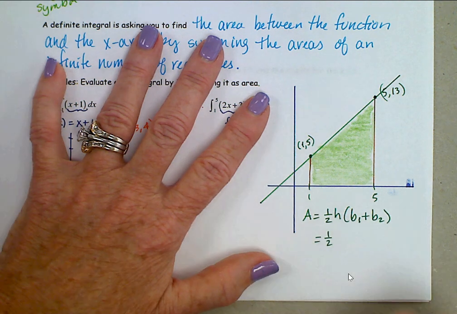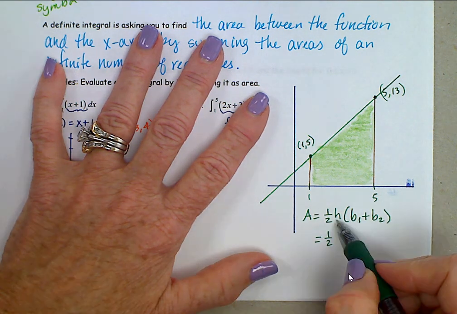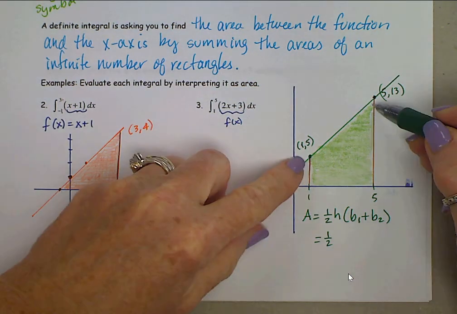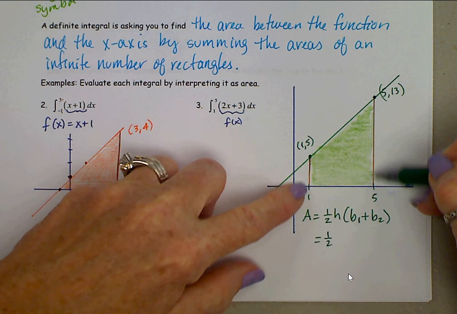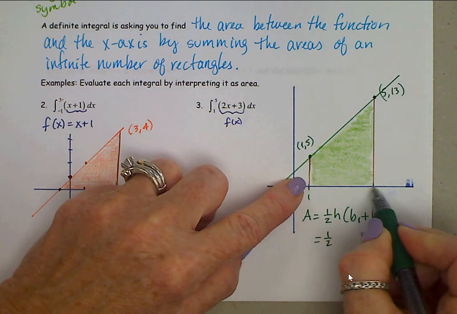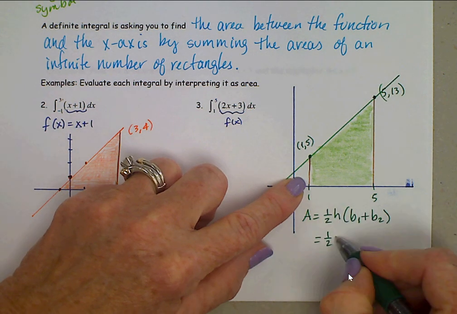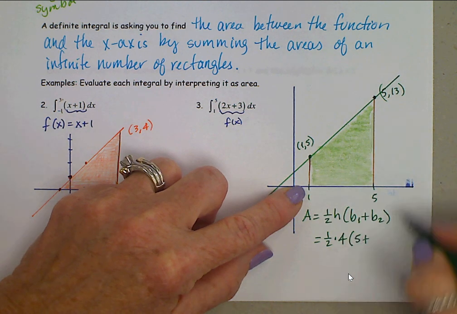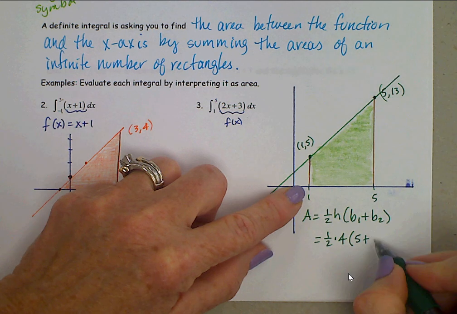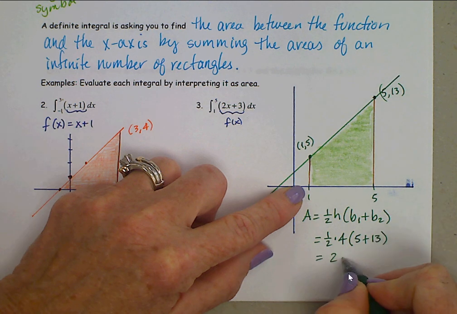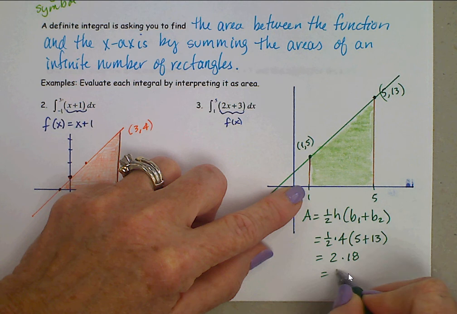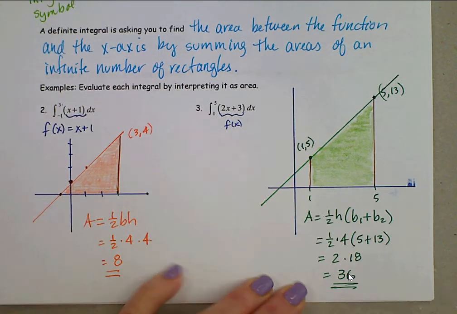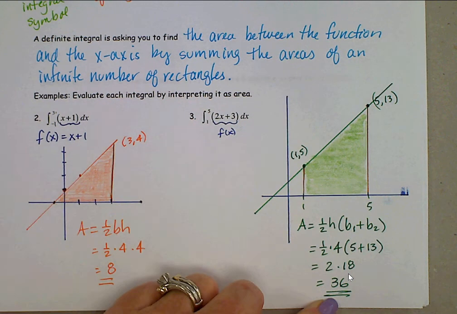What you have to remember for trapezoids is that the height is the distance between the two parallel bases. These two are the bases, so the height is here. Height's 4. This first base has a length of 5. The second base has a length of 13. And we'll have 2 times 18, which is 36. So the area, the value of that integral, is 36.